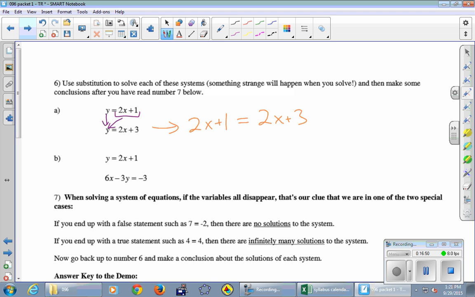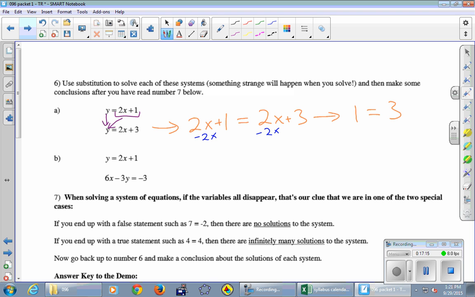Okay. Now this is a very strange equation to solve, because when you subtract 2x from both sides, what happens? Minus 2x, what do we get? 1 equals 3, which is a very strange thing to see in a math class. And so, like I said, something funny happens.